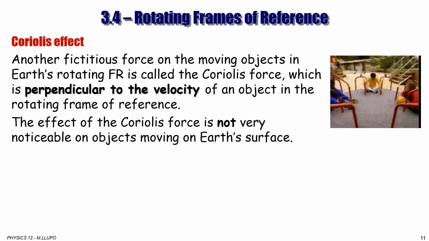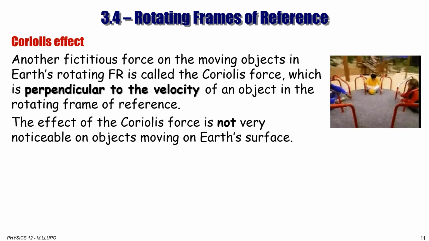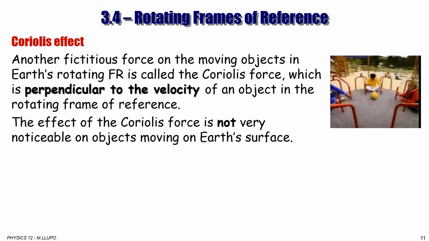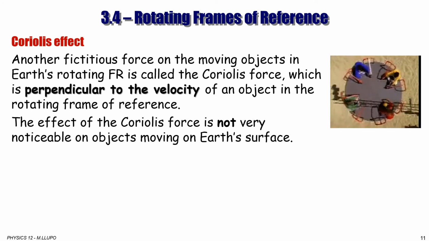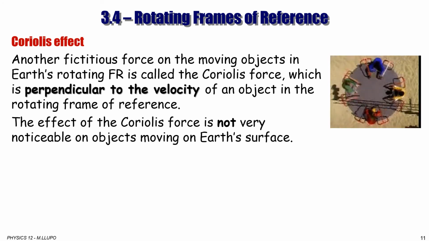But you see that because of the rotating frame of reference, the ball from that reference looks bent, like it is not moving in a straight line. However, if you see from outside, the ball does move in a straight line.